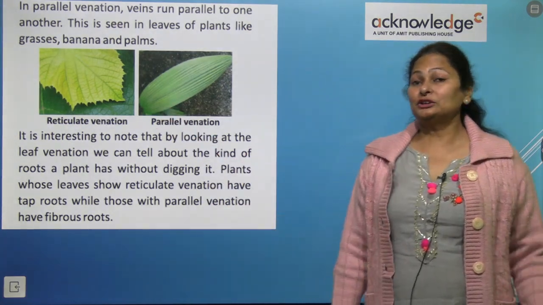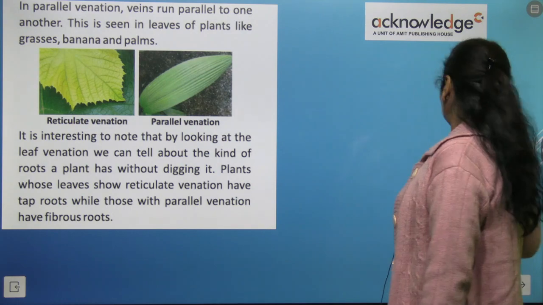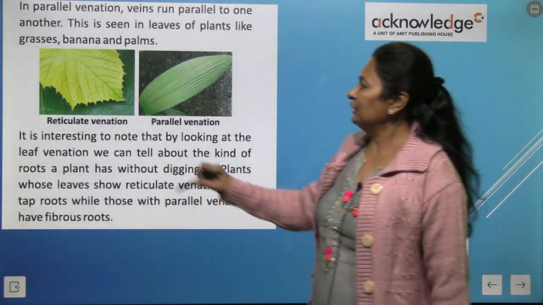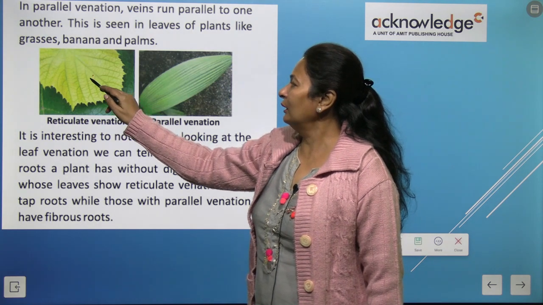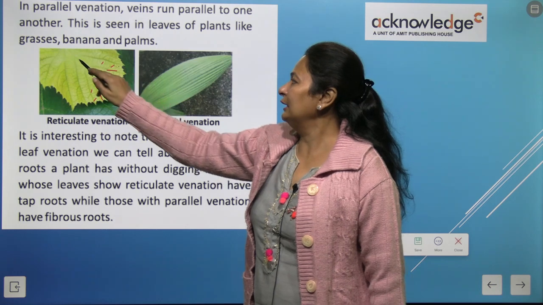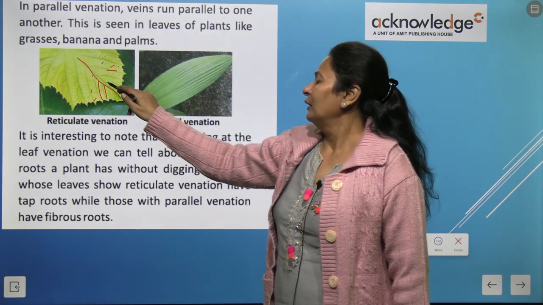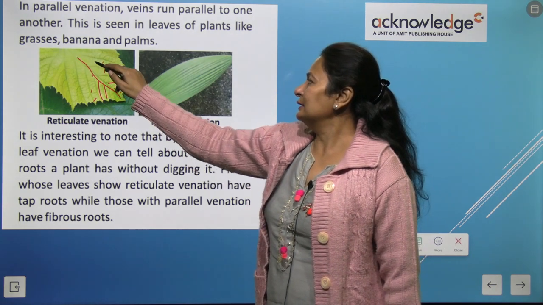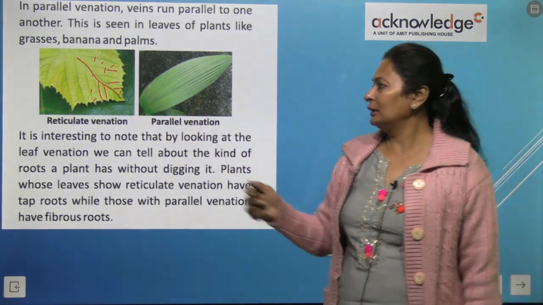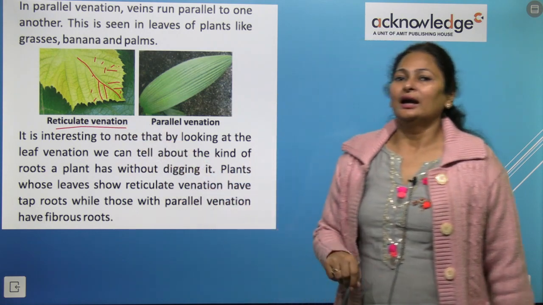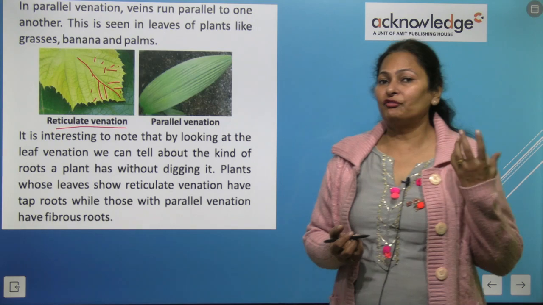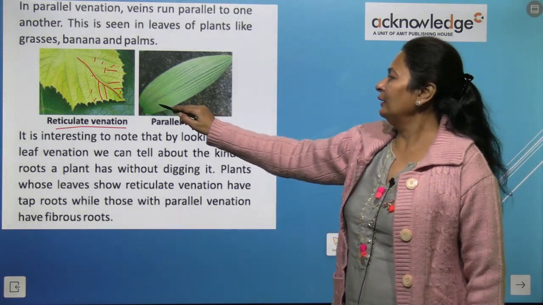This is the picture of reticulate venation and parallel venation. In reticulate venation, you see the network of veins on both sides of the leaf. This is the midrib, and this is the network of the other veins. This is called reticulate venation.